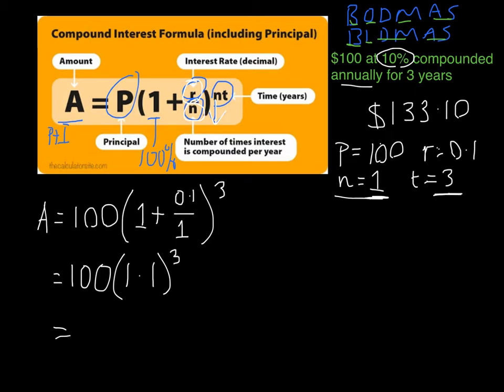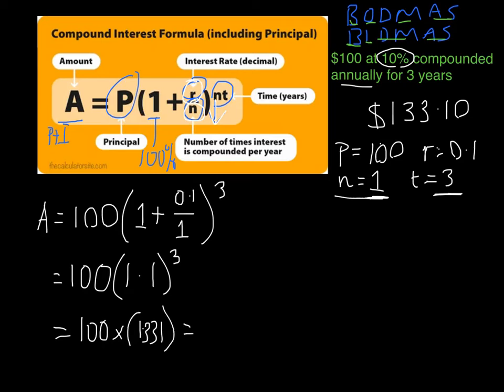So on my calculator now, I am doing 1.1 to the power of 3. It's important that I do my indices, or order, first. So 1.1 to the power of 3 is equal to 1.331.